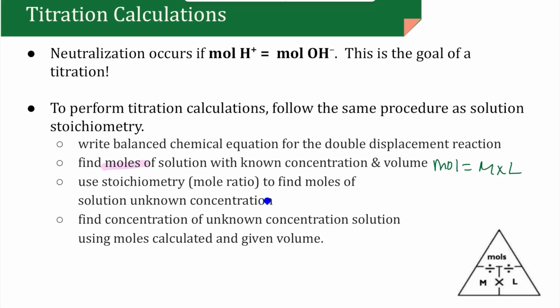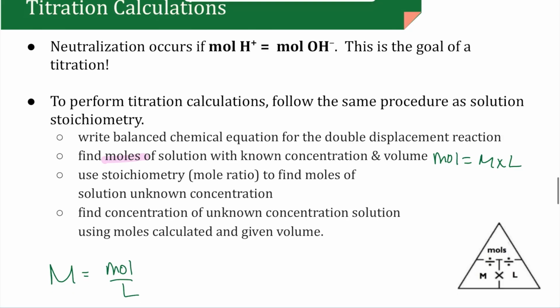Then, since we were given a volume, we can find molarity. From our formula sheet, we have the formula molarity equals moles divided by liters. Otherwise, we would need our periodic table just for writing neutral compounds to get that balanced chemical equation.